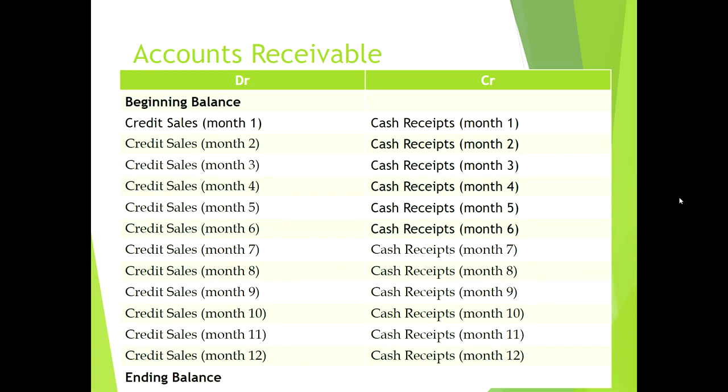Let's say you have a sales journal, and every month, just like if you've done the Systems Understanding Aid, you would total up the sales for that month and then post that amount to the AR general ledger and to the revenue general ledger accounts. And so let's say, for example, we have 12 months of these credit sales, and then we have 12 months of cash receipts that are also coming in to pay off the accounts receivable balances.